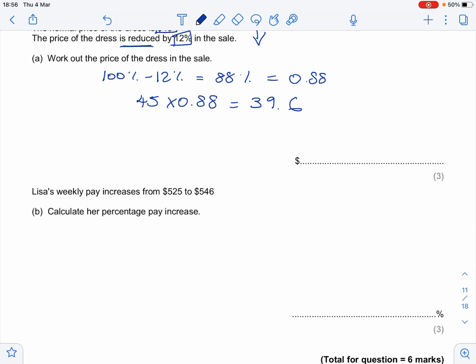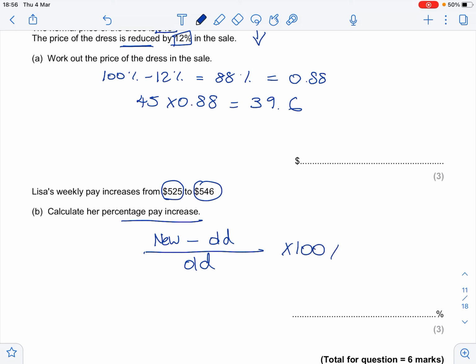So Lisa's weekly pay increases from this much to this much. Calculate the percentage increase. To work out percentage increase, we use the new price minus the old, divided by the old price, then multiplied by 100%.